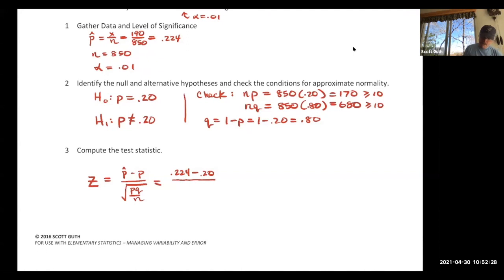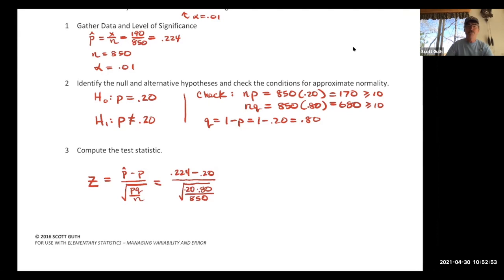And so the square root of PQ, that'll be 0.20 times 0.80, over N, which is, I think, 850. So this is a difficult computation. I'm going to go ahead and show you what I would do. I think these are among the harder computations that we've done.